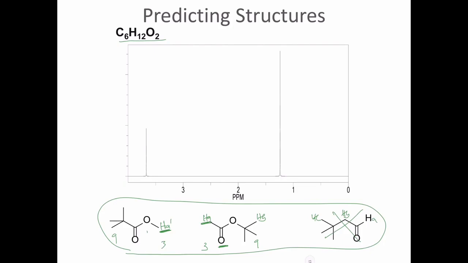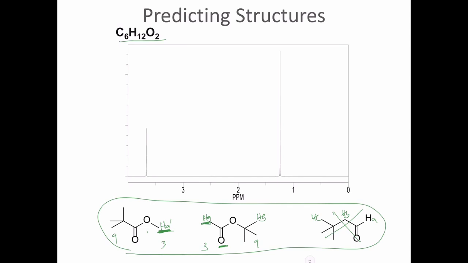Okay? The one connected to an oxygen is going to be more downfield because it is deshielded. So therefore, we are going to see this one more downfield than the one we have here.